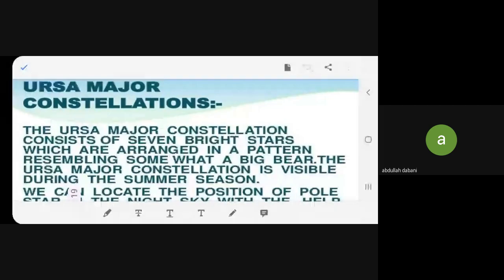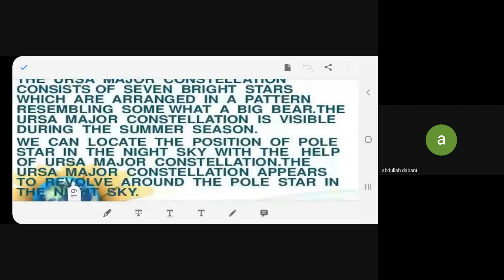The Ursa Major constellation is visible during the summer season. We can locate the position of the pole star in the night sky with the help of the Ursa Major constellation. The Ursa Major constellation appears to revolve around the pole star in the night sky.